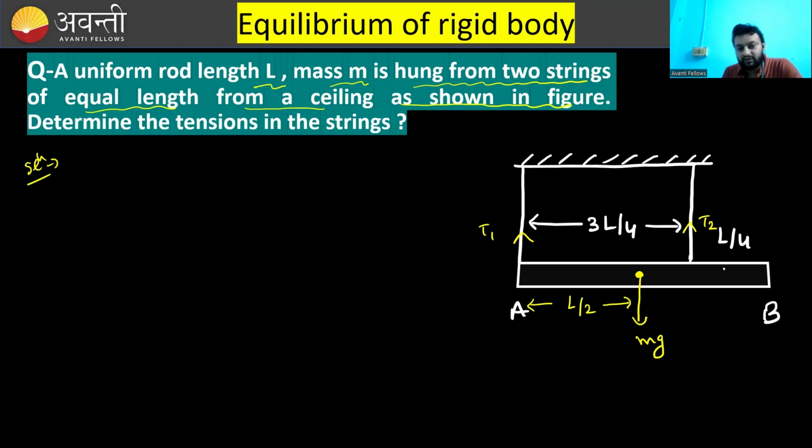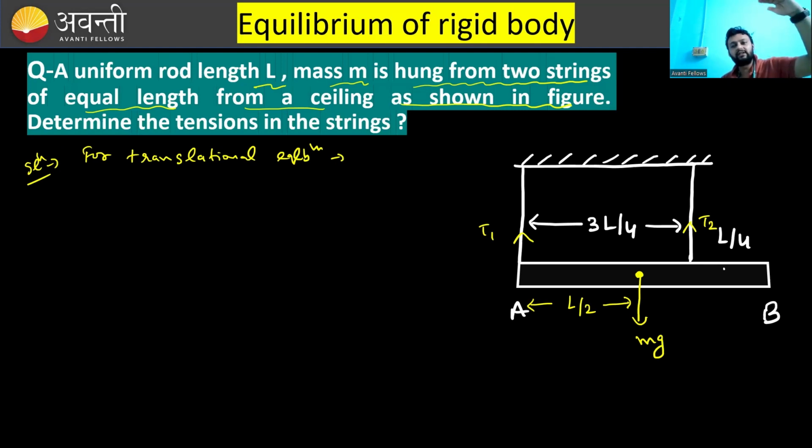So first of all, for translational equilibrium, are you able to identify whether it is in translational equilibrium or not? Mechanics is just your imagination power, how quickly you can imagine things.